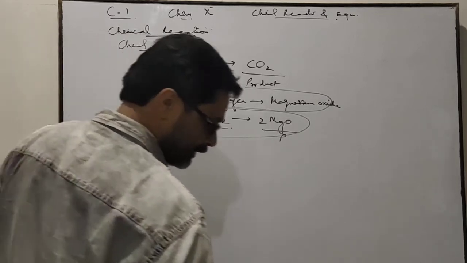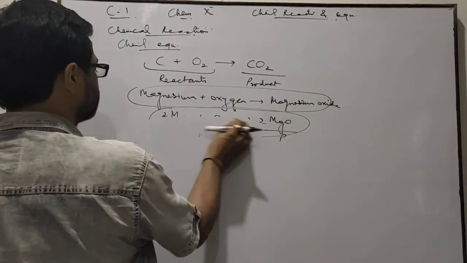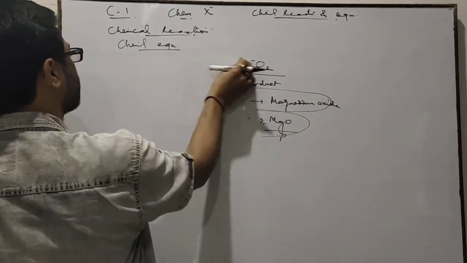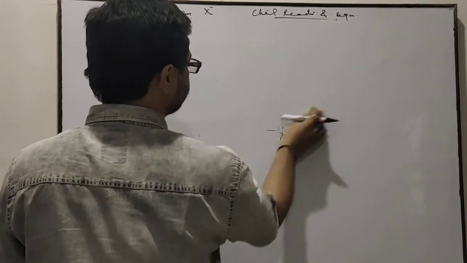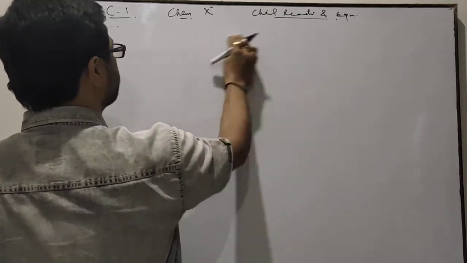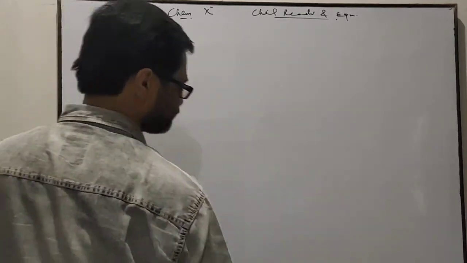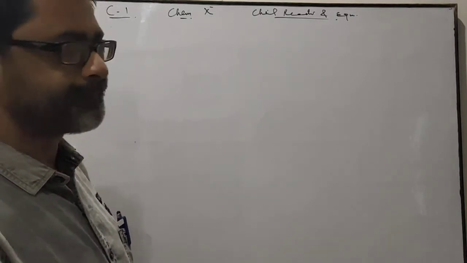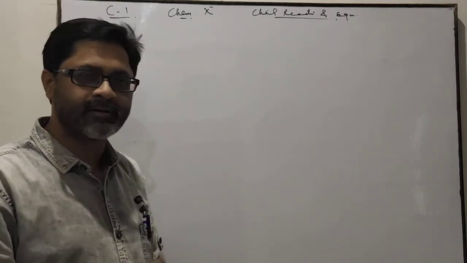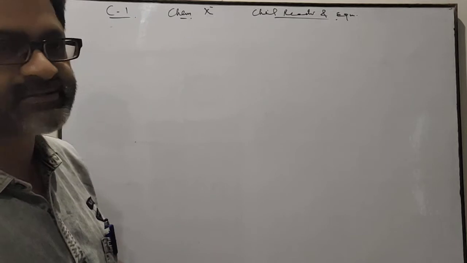Okay. Now I am going to discuss about what are the properties of chemical reactions. Chemical reactions को कैसे पहचानेंगे आप? How can we identify a chemical reaction takes place?